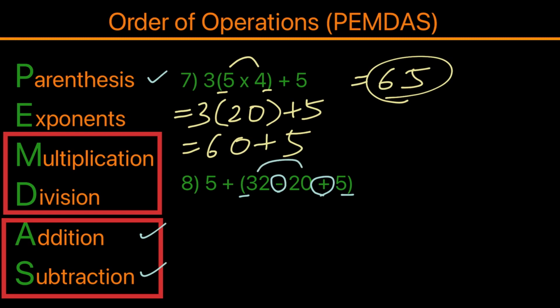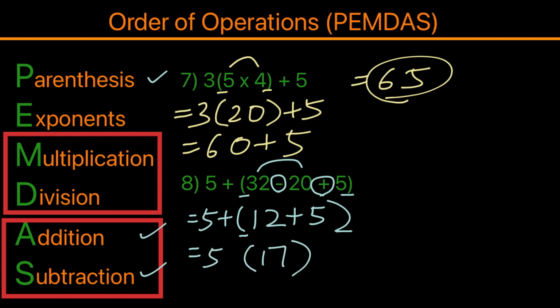So 32 minus 20 is 12. And then we add the 5. And then we have 12 plus 5 still within the parentheses. So we have to complete that first. 17. And then we will bring down the 5. And then lastly, 5 plus 17, 22. And that's the answer.